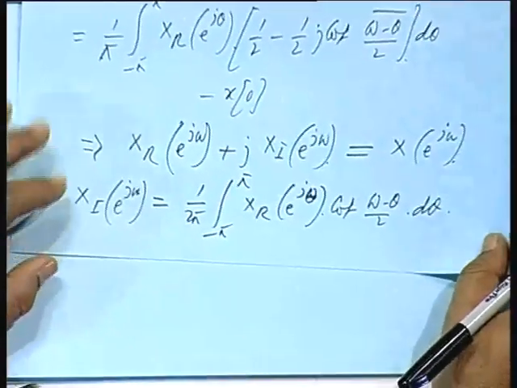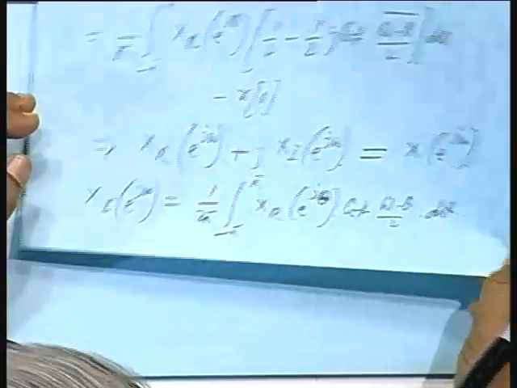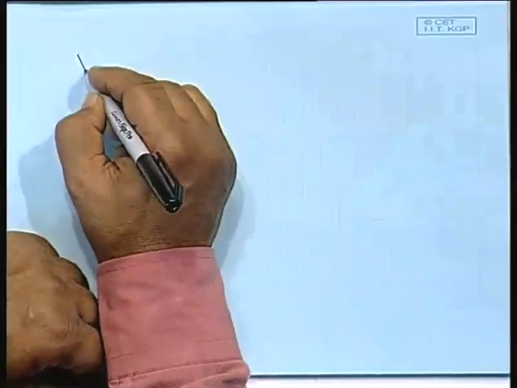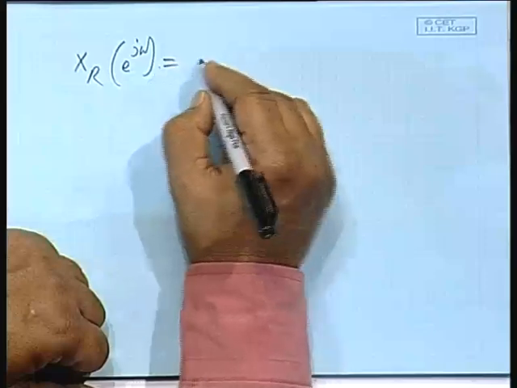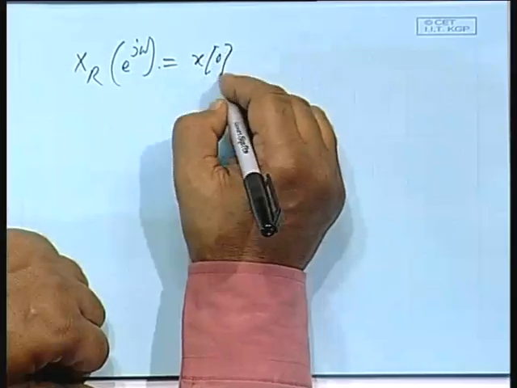Similarly, starting from the imaginary part, that is starting from the odd function in the time domain, if you take the Fourier transform, then going by the same logic, we can get X_R equal to x[0].